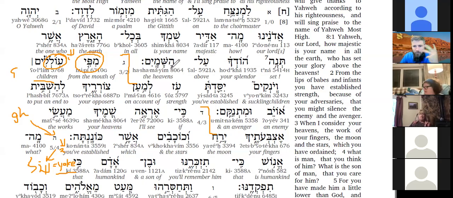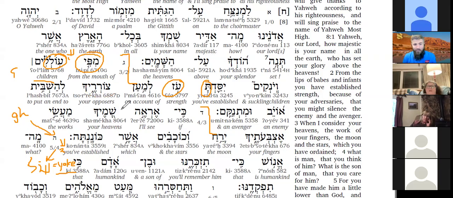So from the mouth of babes or children, v'yonikim, yoneket is an infant coming from the root suckling. Yisadta oz, from yasad, to establish. You established oz, strength. Lema'an, on account of, for the sake of, tzorecha, those who are making distress.